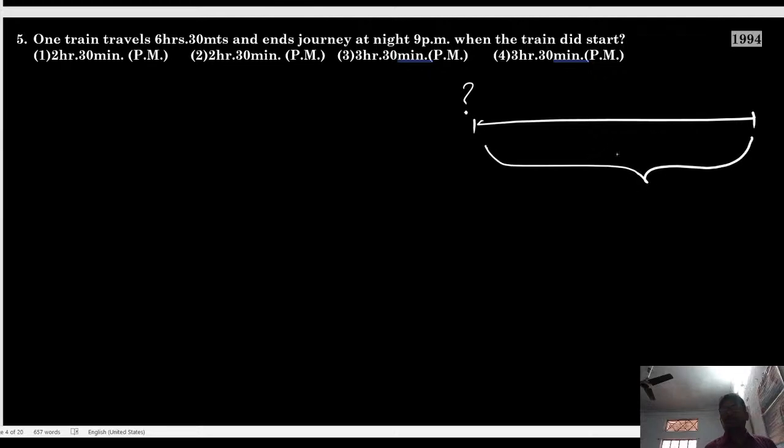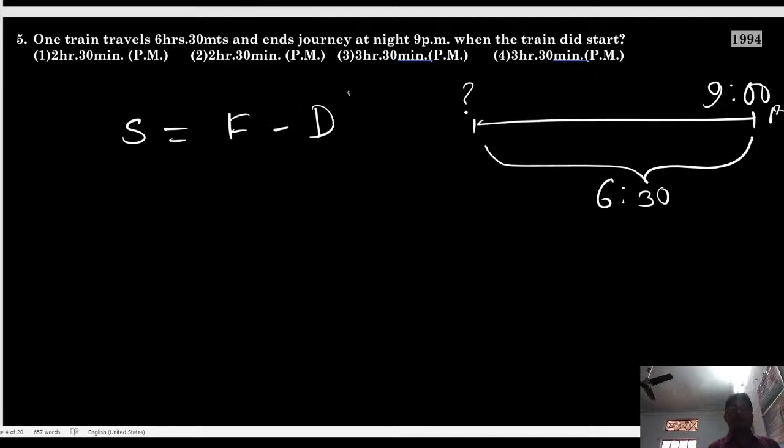It ends at 9 p.m. To find the starting time, starting time is finishing time minus duration of activity.